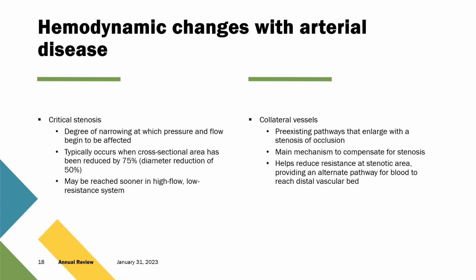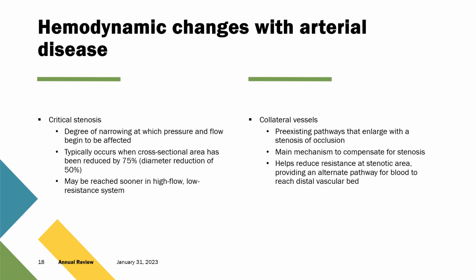Now, arterial disease becomes most concerning when it has hemodynamically significant changes. That means that the narrowing of the artery has caused a stenosis significant enough that it will actually affect the velocities and pressures within the vascular system. Most of these stenotic events usually are not hemodynamically significant until the cross-sectional area of the vessel has been occluded by about 75%, which is a diameter reduction of 50%.